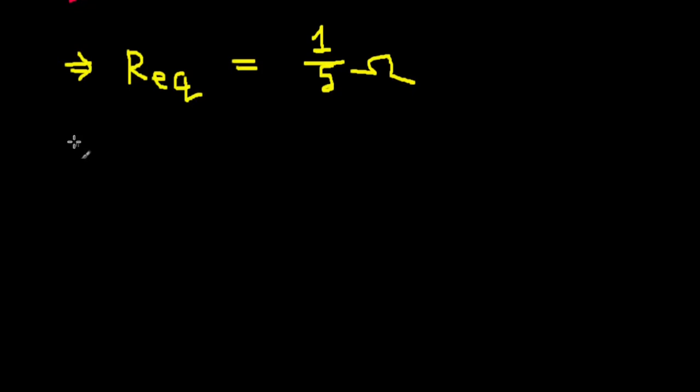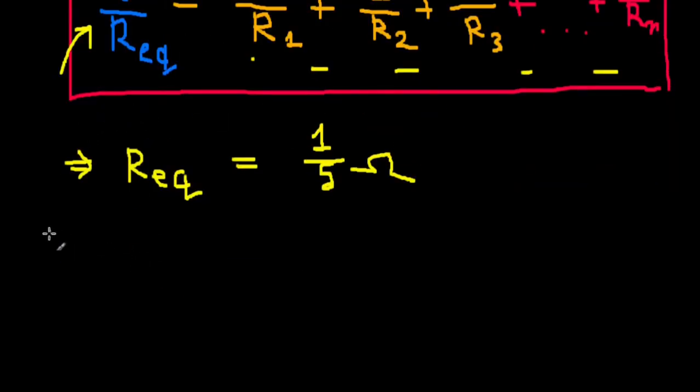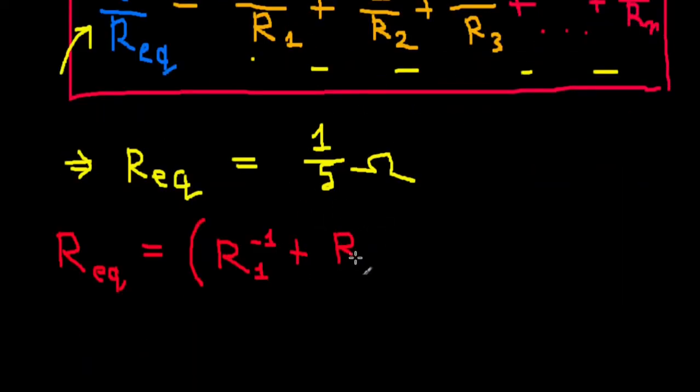Because of this, often people write this formula in a different way. It's also convenient if you'd like to directly input the numbers in the calculator and not worry about anything. This can also be written as R1 inverse plus R2 inverse plus, basically however many resistors in parallel you have.